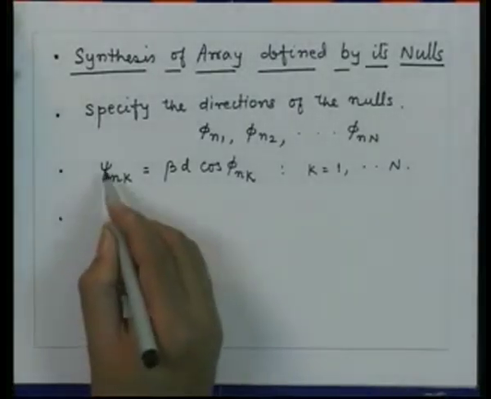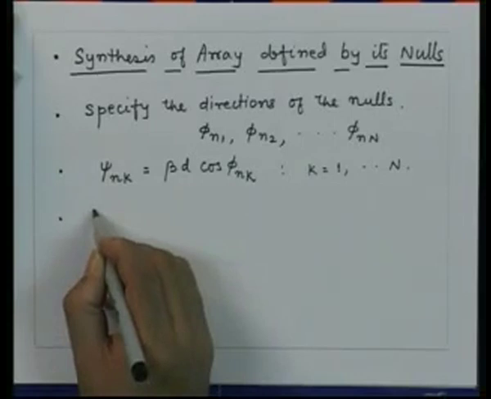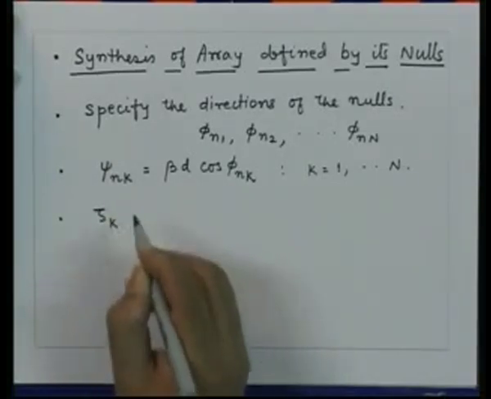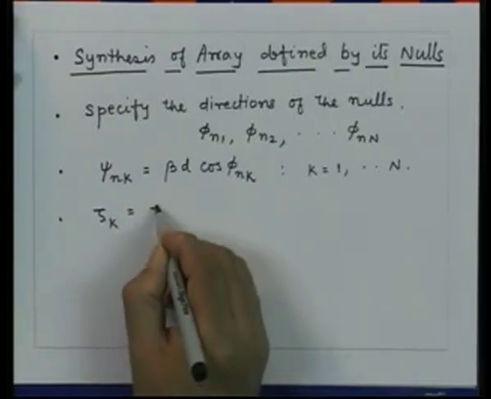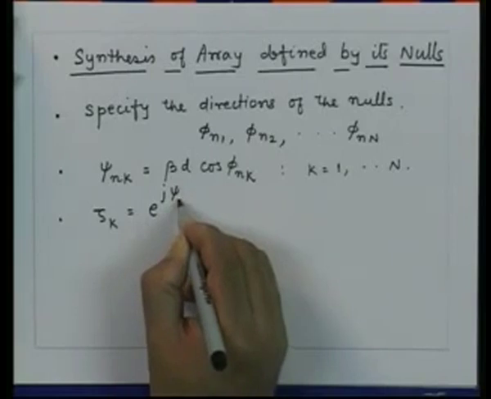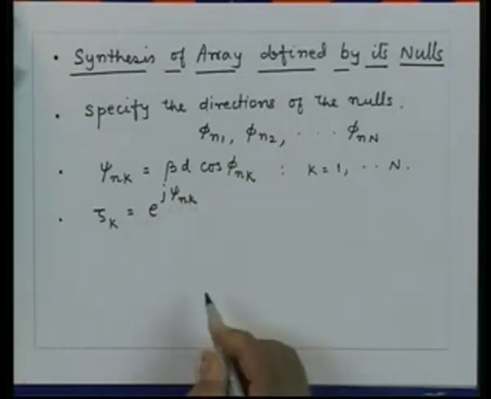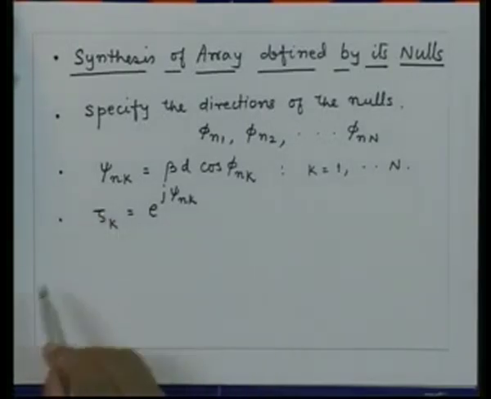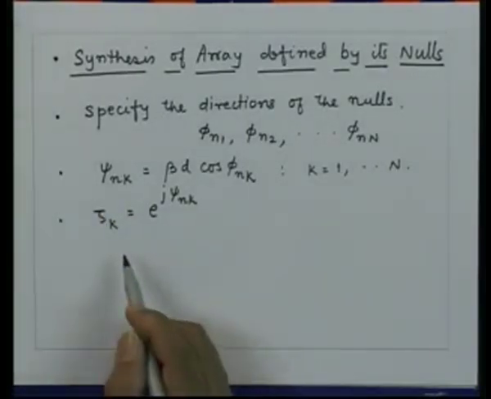Then you find out the corresponding values of z, which is zeta k, that will be e to the power j psi nk, and then we can write the polynomial by multiplying the doublets, which is z minus the roots of this polynomial.